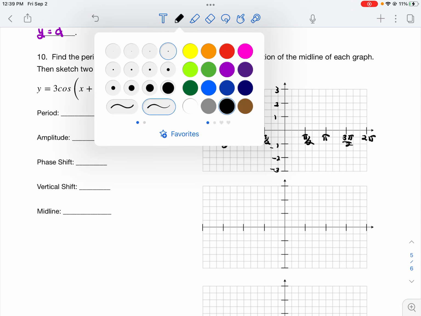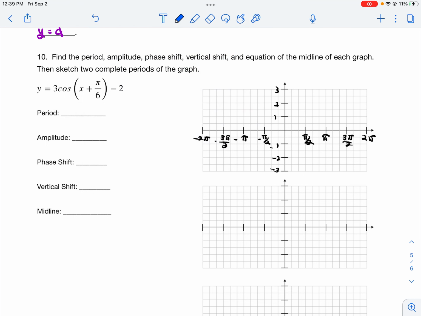Our parent function starts for cosine, and there's my midline. Above, on, below, on, above. So there's my cosine graph, y equals cosine of x.